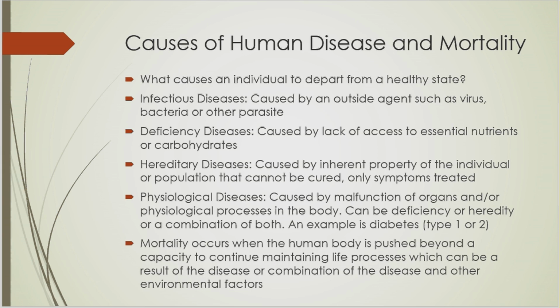All right. So, what are the causes of human disease and mortality? So, what causes an individual to depart from a healthy state? What causes an individual to catch a disease and feel an illness? Okay?